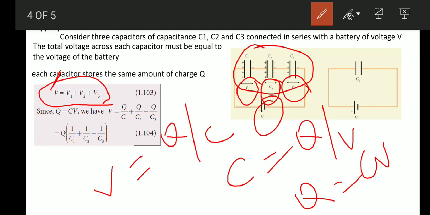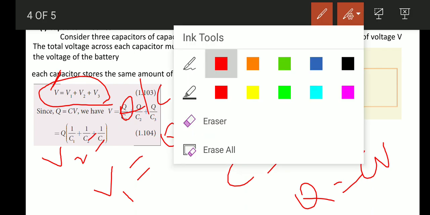Then for the first capacitor, V1 is equal to Q by C1, not Q1, because each capacitor carries the same charge. So you should not put Q1, Q2, Q3, all are Q. Then V2 is equal to Q by C2. Then V3 is equal to Q by C3.